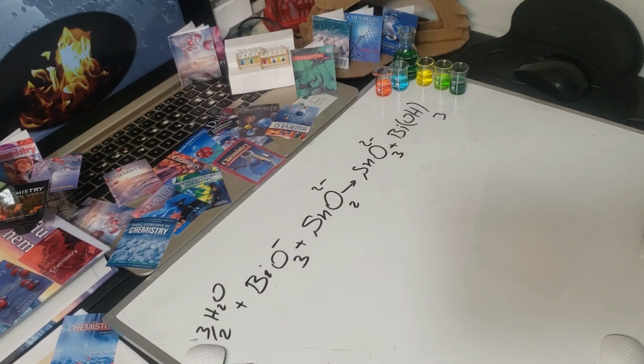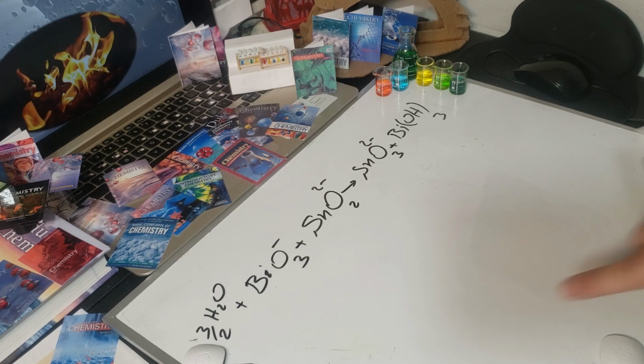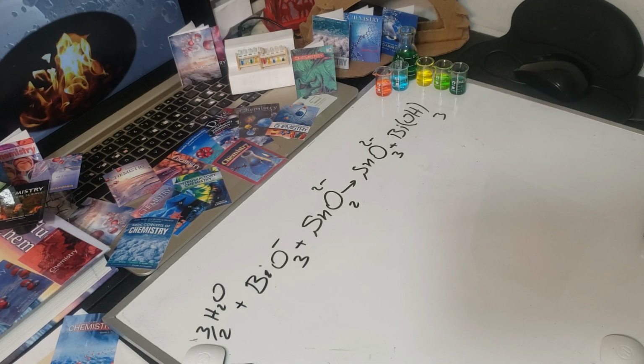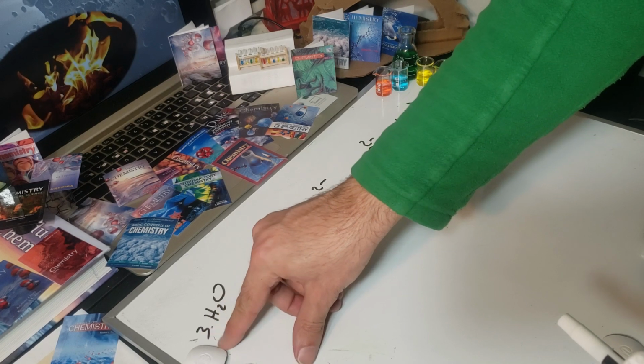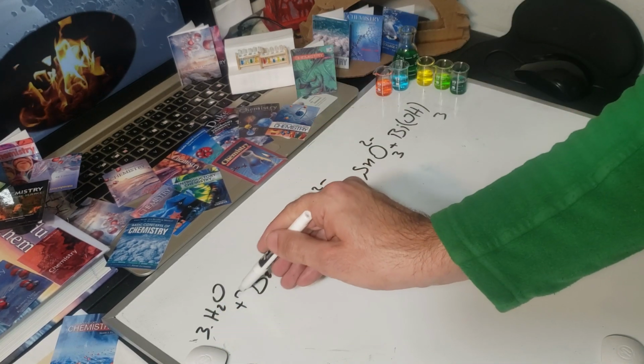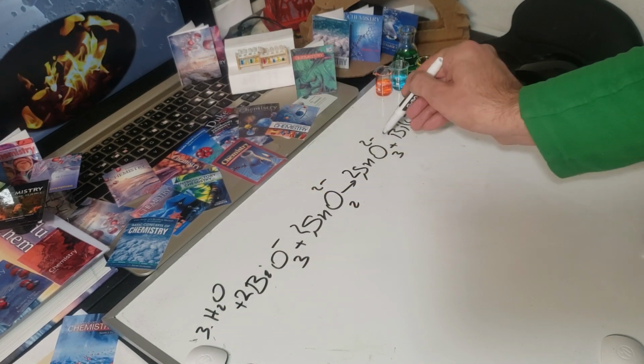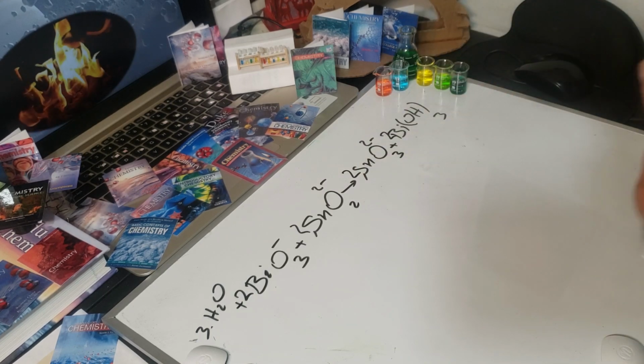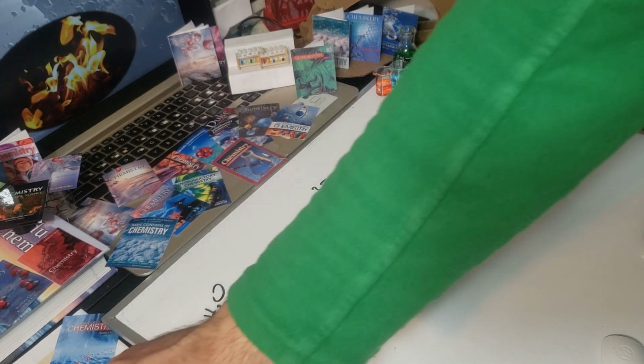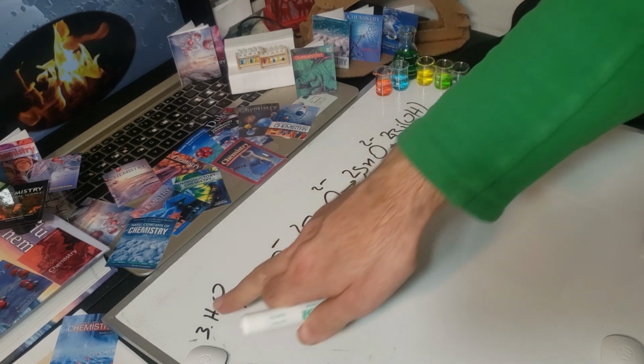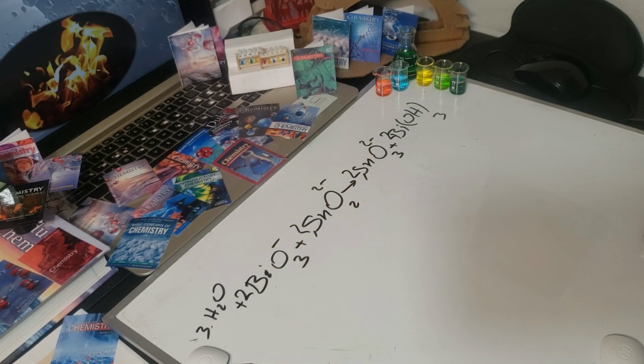If we have 3/2 of water, let's multiply everything by 2, so 2, 2, 2, 2. Maybe I would simplify it later on, but for now it's just to get this 3/2 correctly represented.